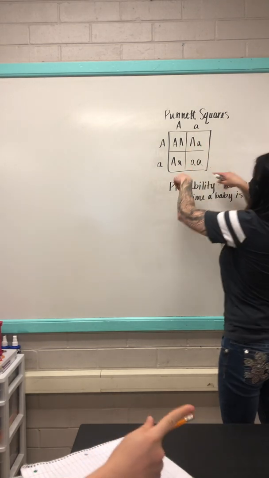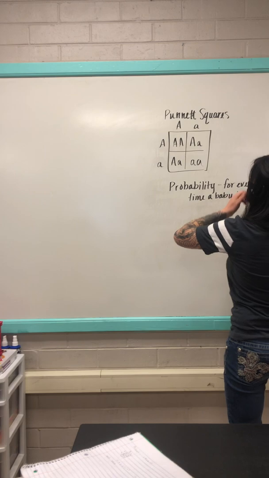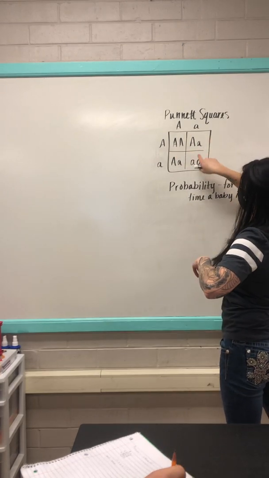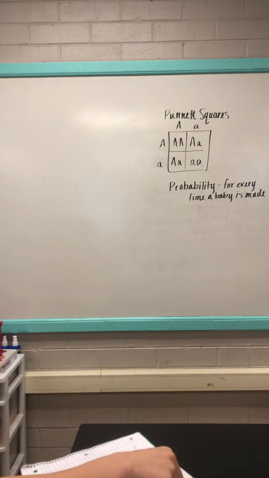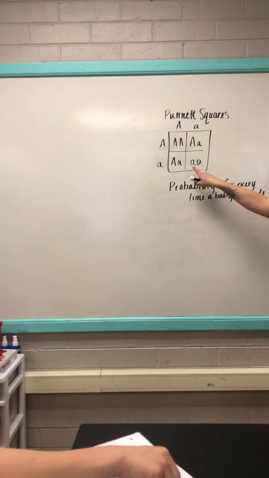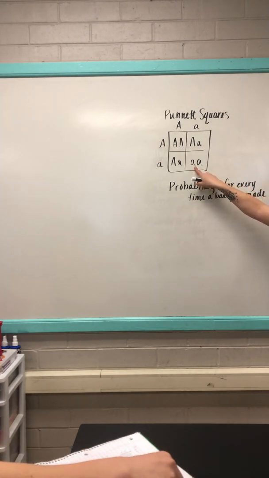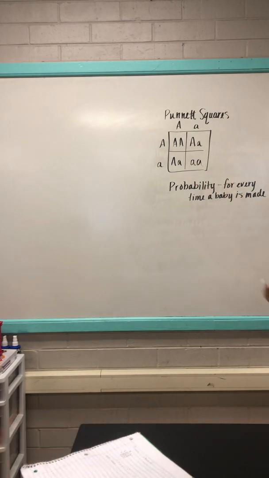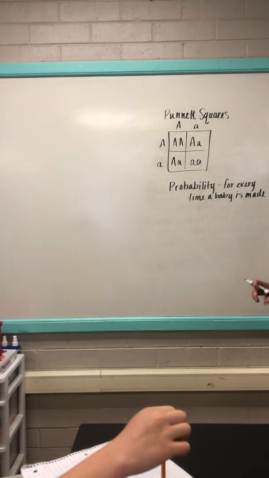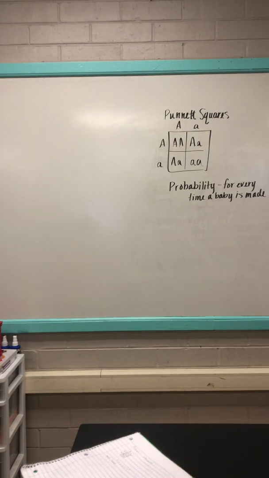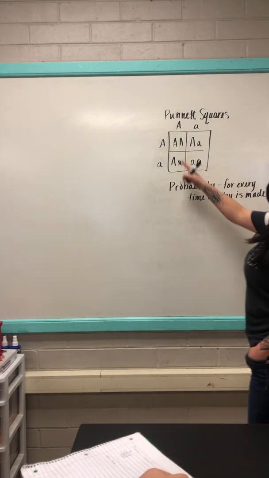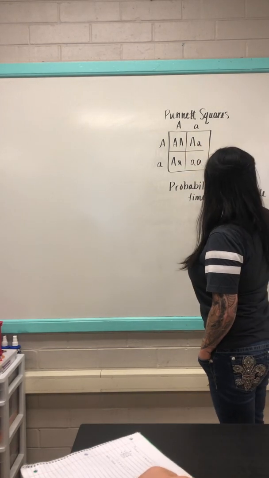This is the probability every time you have a baby. You're going to have a 75% chance, if we say this is hitchhiker's thumb, of getting hitchhiker's thumb, or, what percentage for this one? 25% chance that they will not have it. Okay? So probability is just the percentage for each time that a baby's made what it could be. So each block in this is 25%.